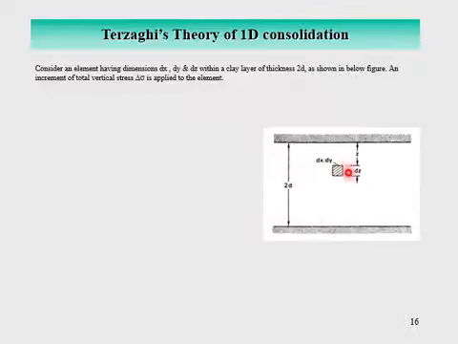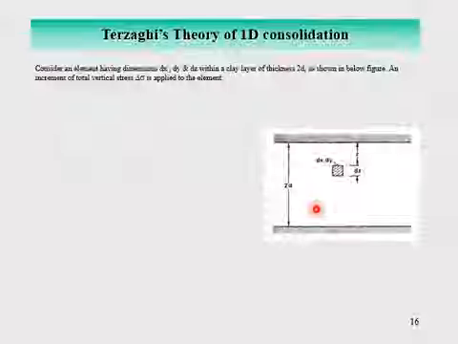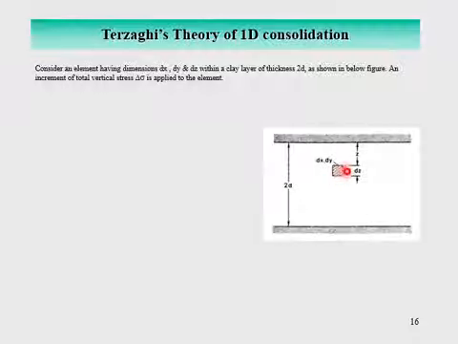If we assume a soil element, the vertical axis is the z-axis, the horizontal axis you can say is the x-axis, and the axis perpendicular to the screen is the y-axis. So the area of this element is dx into dy. Its dimensions are dx, dy by dz. This element is located at depth z, and its thickness is equal to dz. So we will focus our attention on this soil element.